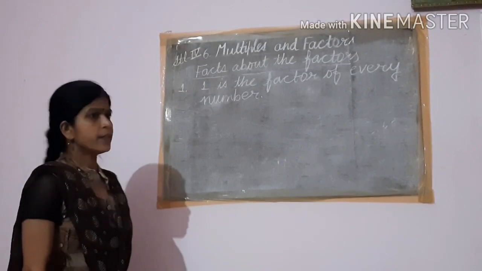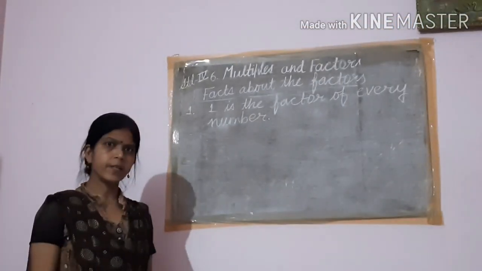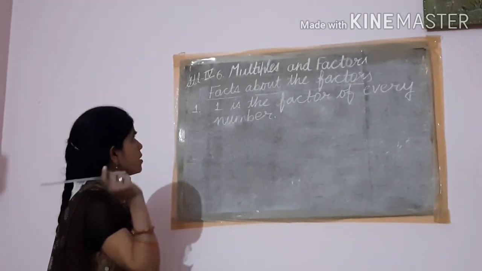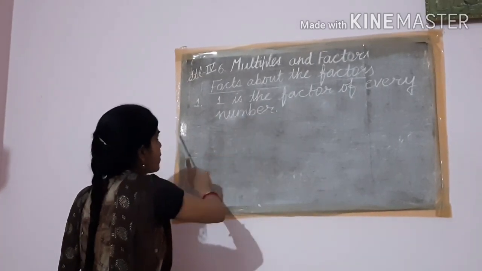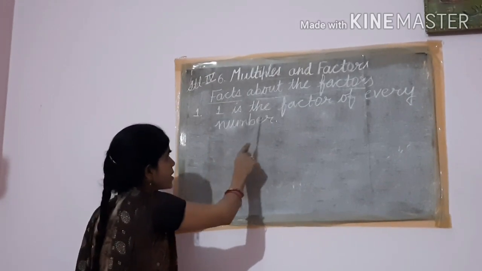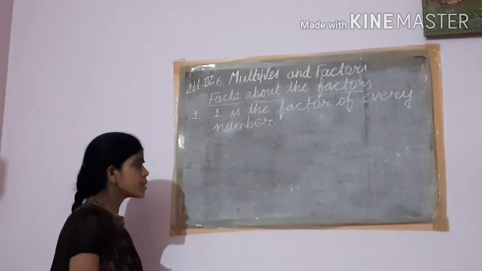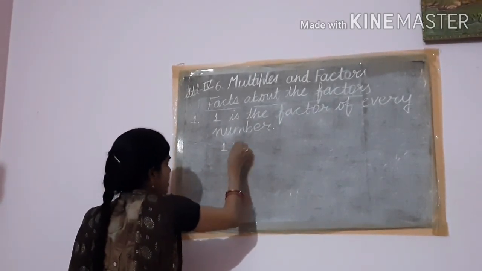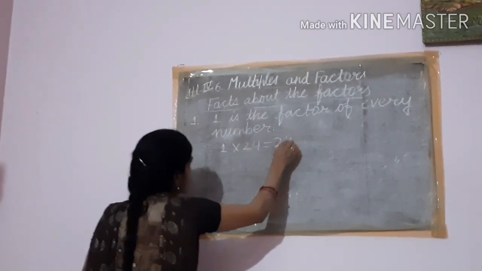So by finding out the factors of 24 by the division method and the multiplication method, we come to see some facts about factors. First fact is, 1 is the factor of every number, as you have seen in that example, that when 1 is multiplied by 24, the product is 24.